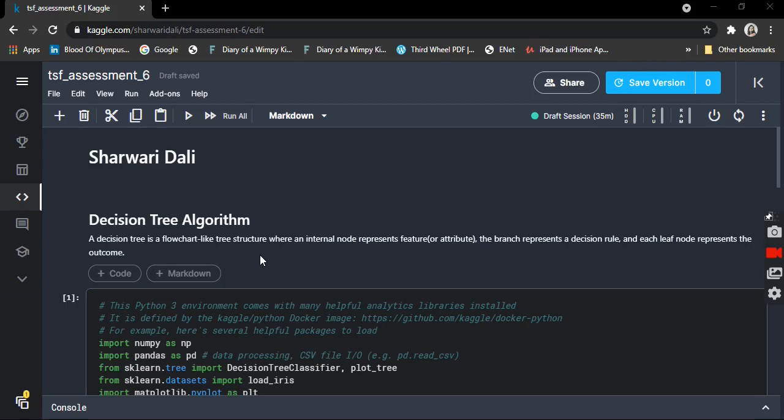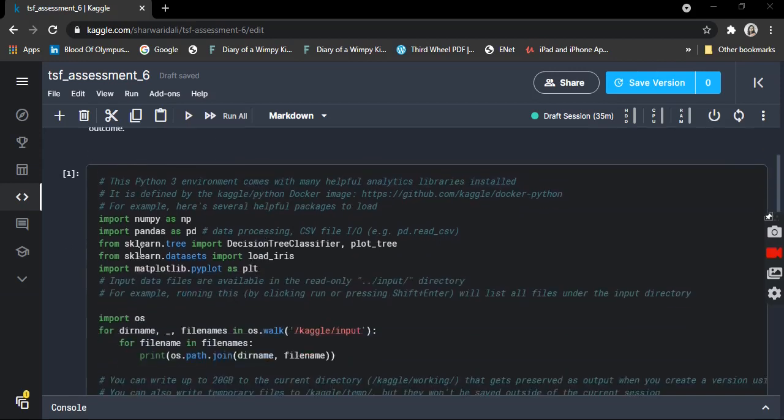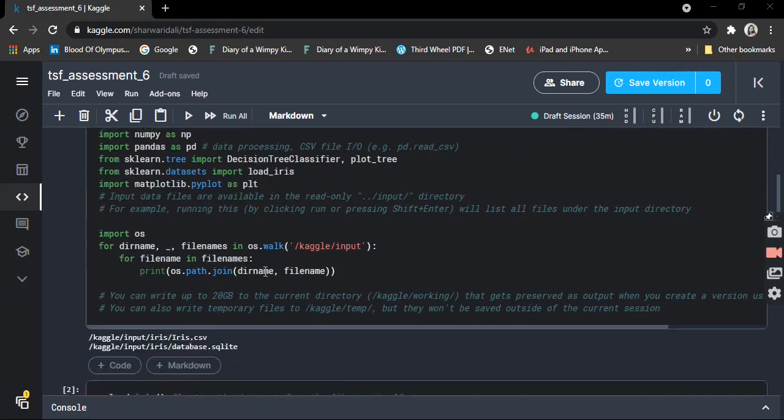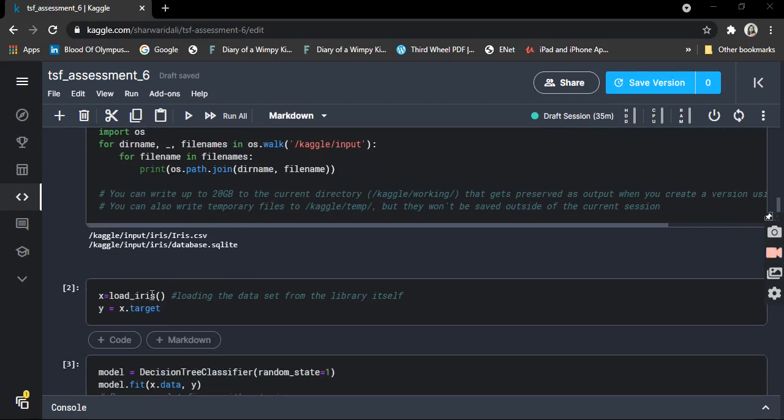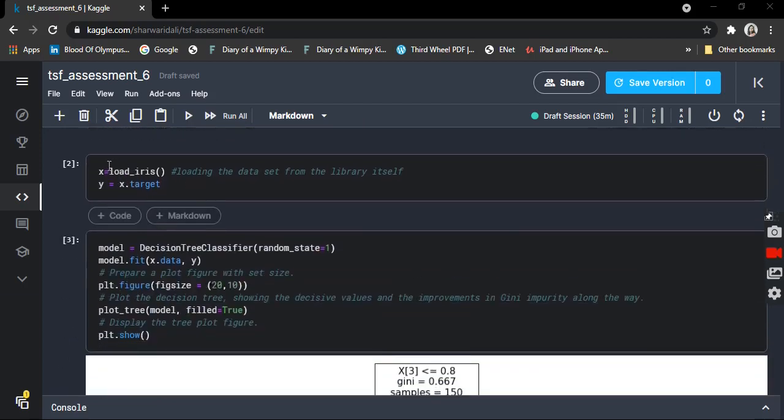So we can better understand this using the actual code. In the code, we have imported all the necessary libraries, and this time we have used the load_iris method to load the dataset directly from the library itself, and it is assigned to the x variable. y is the target variable.